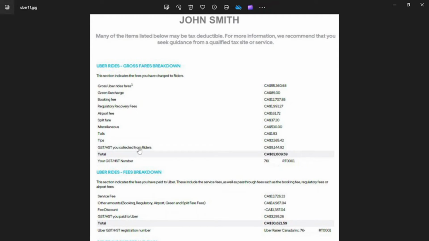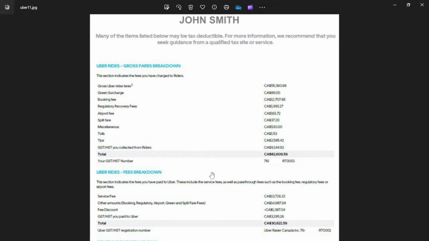GST HST you collected from riders, a very important amount, this $9,000 or this amount. This is the amount of GST or HST that a rideshare driver collected from his passengers. This is a liability. It's not his income. As per the law, a rideshare driver is required to collect HST in Ontario, I'm talking, and also other jurisdictions as well.